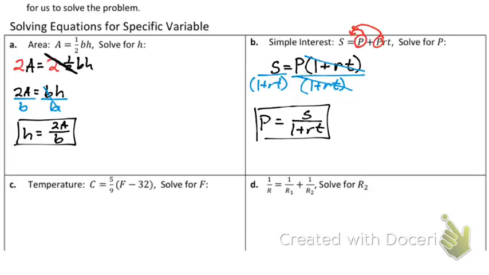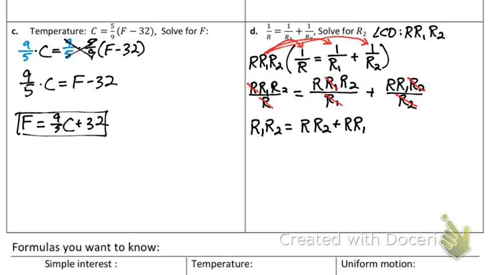So this is going to be very similar to this problem where I factor something out to turn it into 1. That's the only way to turn two things into 1, which means that I need to have both of my r sub 2's on one side. So I'm going to subtract that r sub 2 on the right-hand side from both sides to give me r sub 1 times r sub 2 minus r times r sub 2 equals r sub 1.